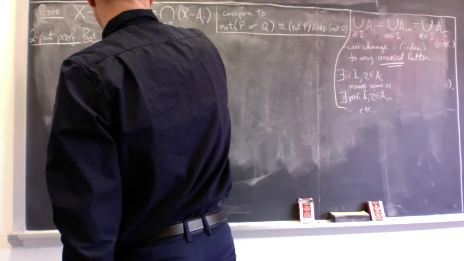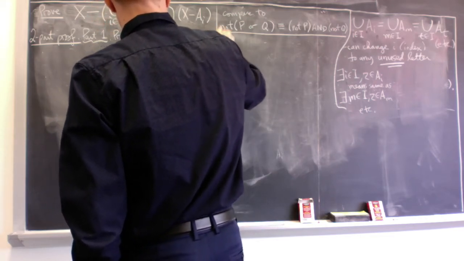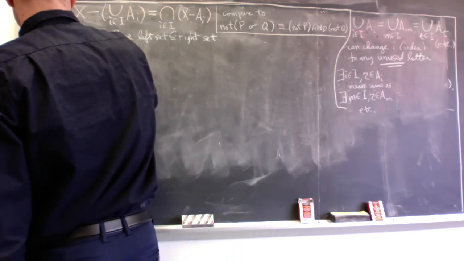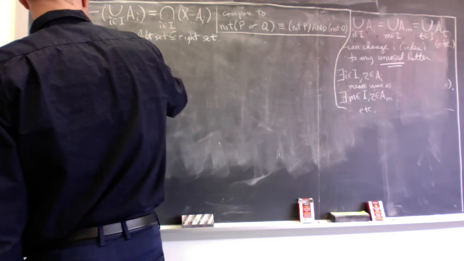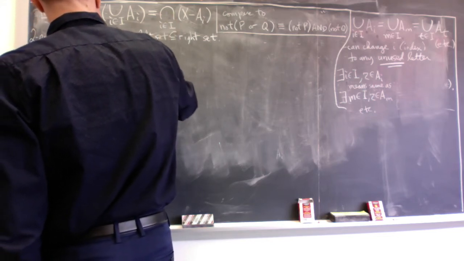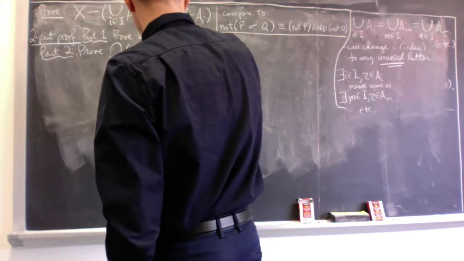Part one: prove the left set is a subset of the right set. And part two is prove the right set, in this case I'll actually write it down, is a subset of the left set.